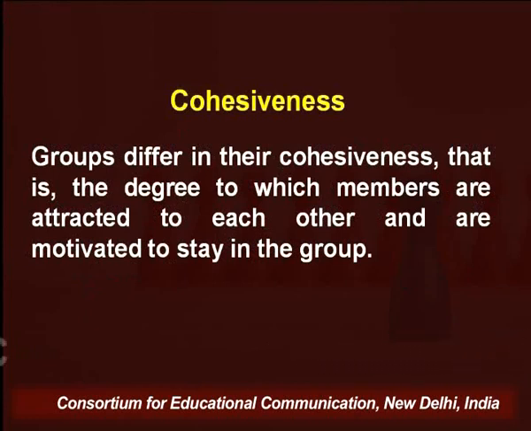Groups differ in their cohesiveness, that is, the degree to which the members are attracted to each other and are motivated to stay in that particular group. For example, some work groups are cohesive because the members have spent a great deal of time together, or the group's small size facilitates high interaction, or the group has experienced external threats that have brought the members closer together.